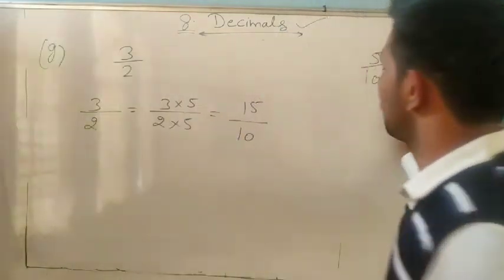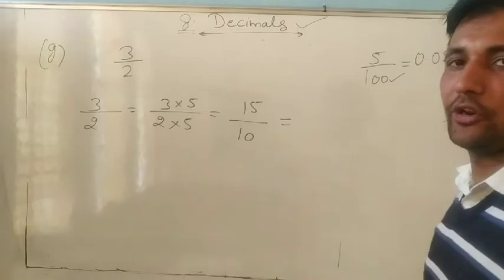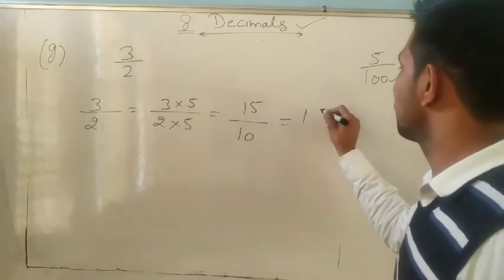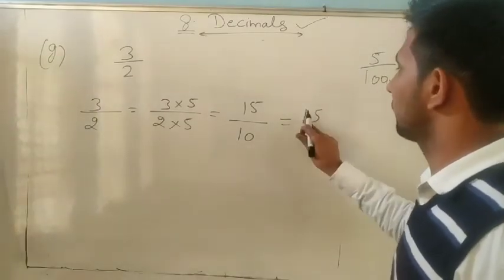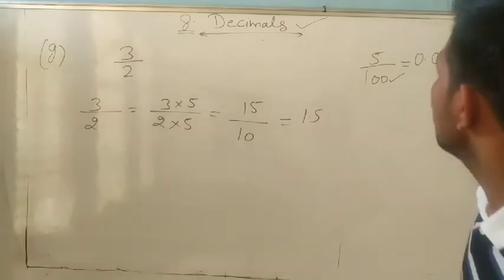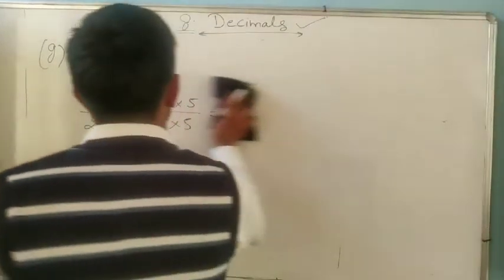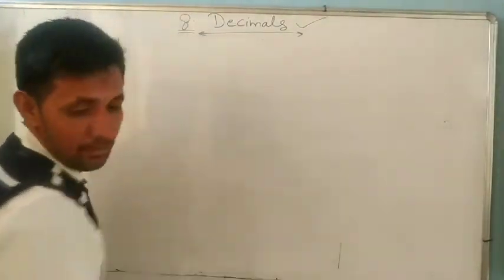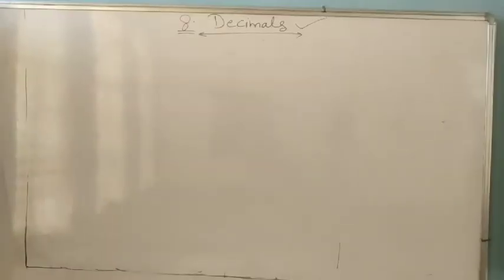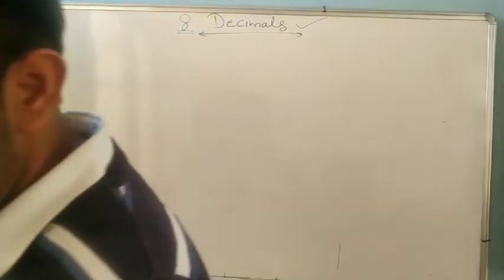The answer is 15 divided by 10. How many 0 in denominator? 1. So after decimal only one digit. That is our answer. Okay. So 1.5. So always remember, whenever 0 is not given in denominator, we will try to make 0 in denominator by equivalent fraction.